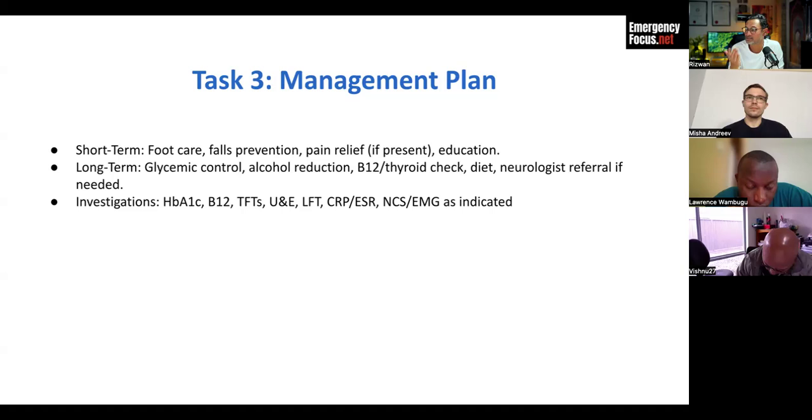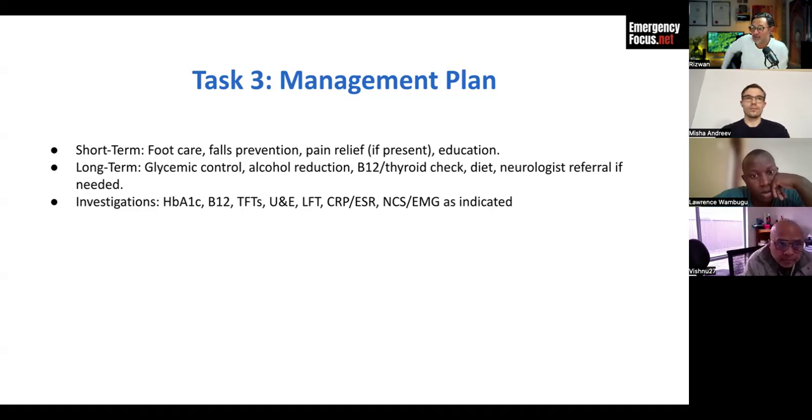You need to also give him safety advice that do not walk in dark unaided, have the lights turned on. So that's very important. Also, you need to establish the gravity of the situation, because as much as you like to tell him that it's all diabetic neuropathy, which it might be, as a good doctor, your job is also to exclude any other form of peripheral neuropathy.